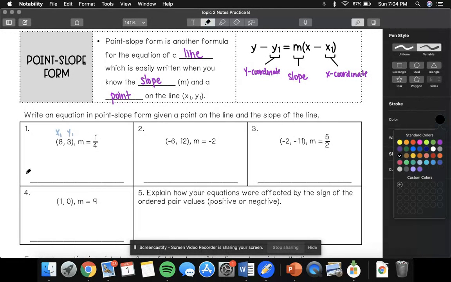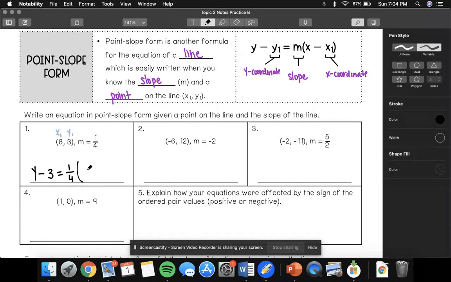So my equation will be y minus 3 equals 1/4 times the quantity x minus 8. So actually we could just stop there.